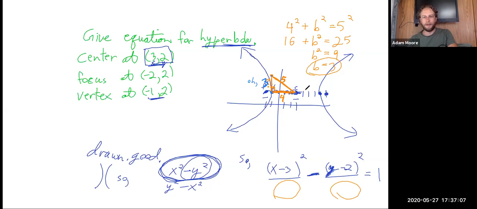That'll be enough to get all the dots, because all of the other triangles will be drawn the same way. It'll be over 4, then down 3. 1, 2, 3. Over 4, up 3. Over 4, down 3. And now we got ourselves a box. From there, we could draw the diagonals and get the asymptotes and draw this thing real well.